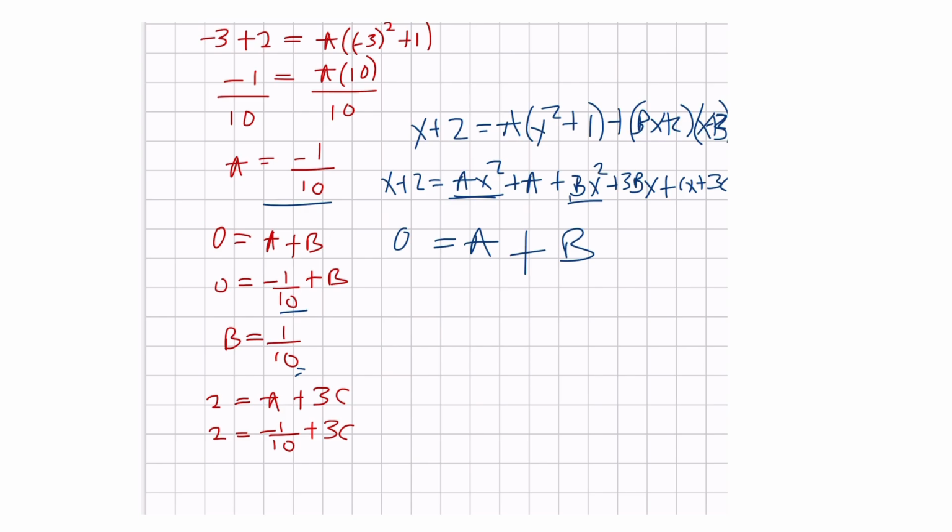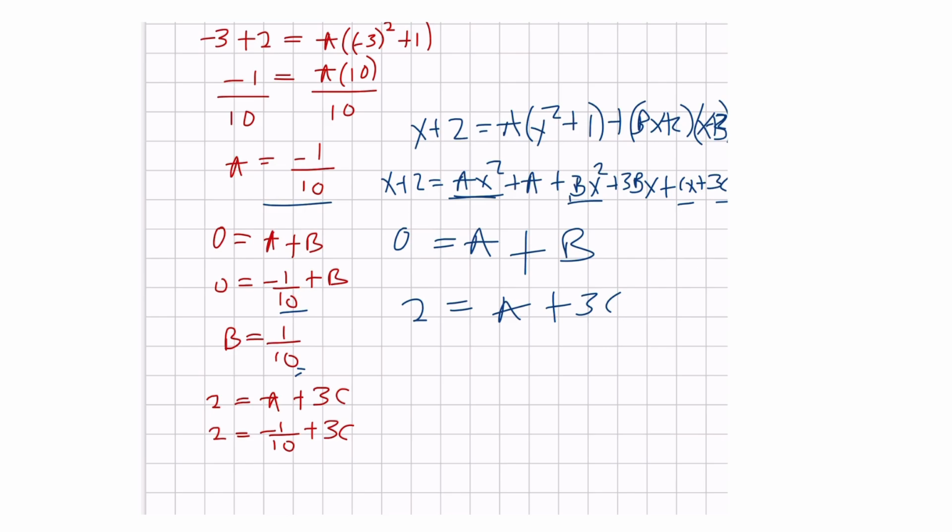Now, our constant c, we can now choose, right? Those values, because cx is on x and also on a constant 3. So if I choose to use the constant 3, it's going to be 2 equal to the other value here, which is a, a constant, plus 3c.